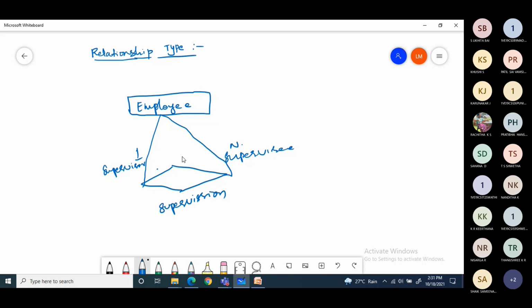So recursively you can call this relationship type: an employee supervises n employees, or n employees are supervised by one supervisor. Okay, this is called one recursive relationship type.